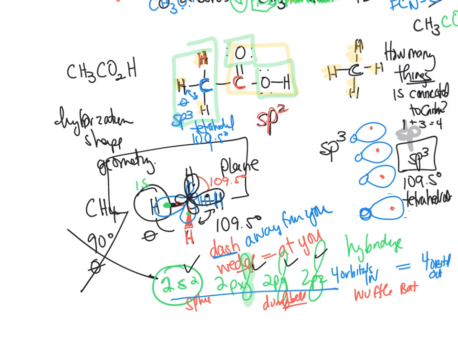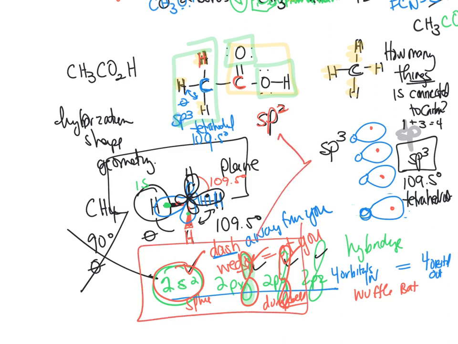So let's look at sp2. sp2 means you took an s orbital and you took 2 of these p orbitals. So you took 1, 2, 3 orbitals to make an sp2. To make the sp2, you took 3 of the orbitals, and what do you have left? You have this unhybridized p orbital.